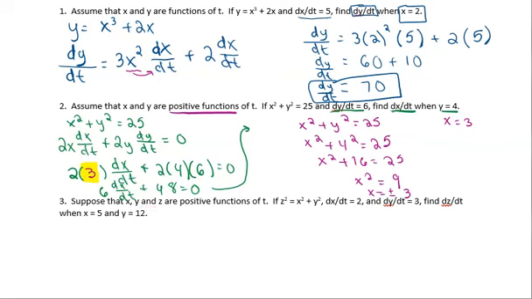So we're going to keep working this down so we can solve. If we keep solving, move our 48, so we'll have 6 dx/dt. Oops, let's move this over so we have a little bit more space.